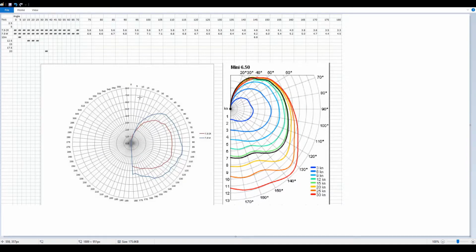I had to do this in Excel. In red here is the cruiser, and in blue is the mini. So once again, to compare, we're looking at about 100 to 105 degrees seeming to have the best boat speed.